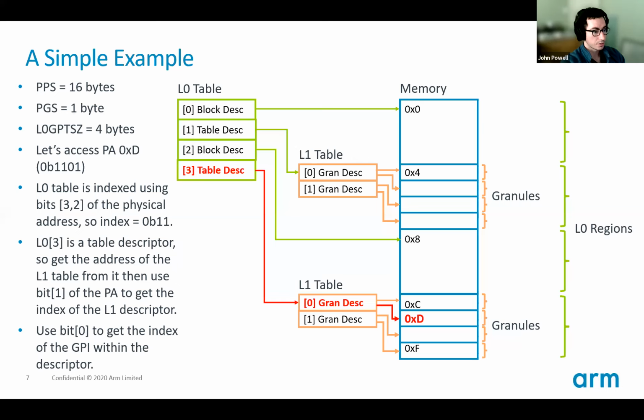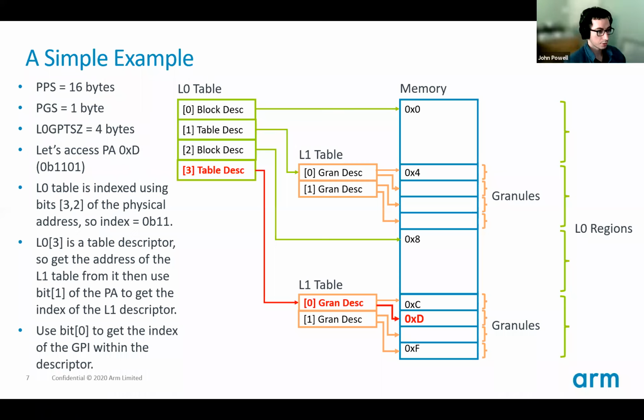Does that, and in fact, I'm hoping that kind of explains everything a little bit better than the previous slides did. Yes, at least for me it did. So yeah, top 2 bits is because L0 GPT size is 4 bytes. And the third bit is because your example says that L1 table has 2 entries as opposed to the real architecture having 16 4-bit values.